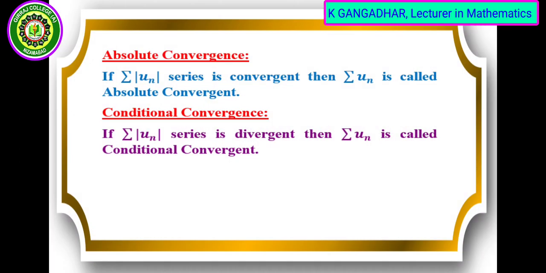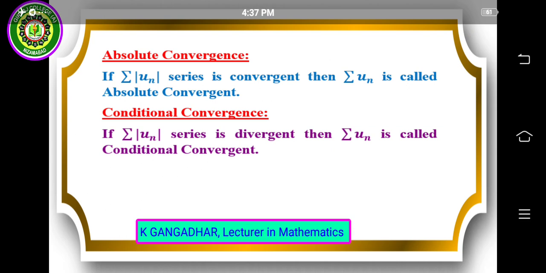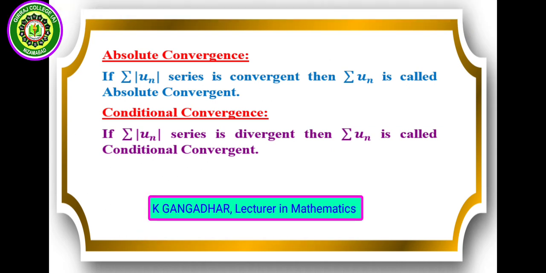So now some definitions are there here. The definitions are absolute convergence: if sigma mod u_n series is convergent, then sigma u_n is called absolutely convergent. The next definition, conditional convergence: if sigma mod u_n series is divergent, then sigma u_n is called conditionally convergent.